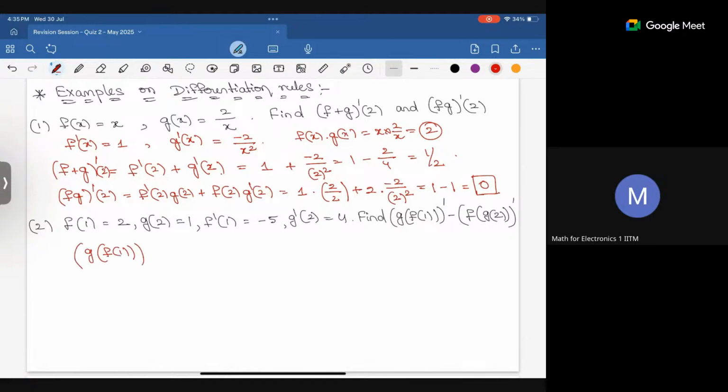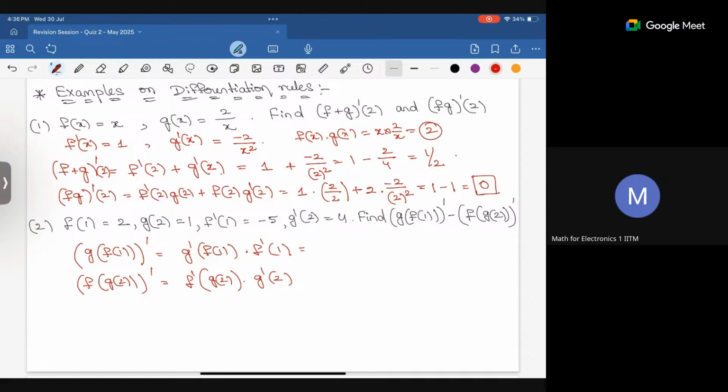G of f of 1's derivative will be g's derivative at f of 1 into f's derivative at 1. And f of g of 2's derivative will be f prime of g of 2 into g prime of 2.